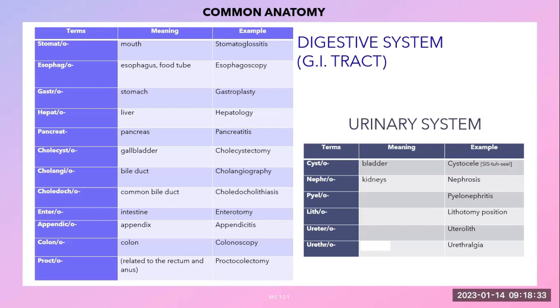So the next word is nephro. That means kidneys. So nephrosis, very interesting word. Who's gonna tell me about nephrosis? It means a disease. Nephro means kidney. Yes. Nephrosis means a disease of the kidney.